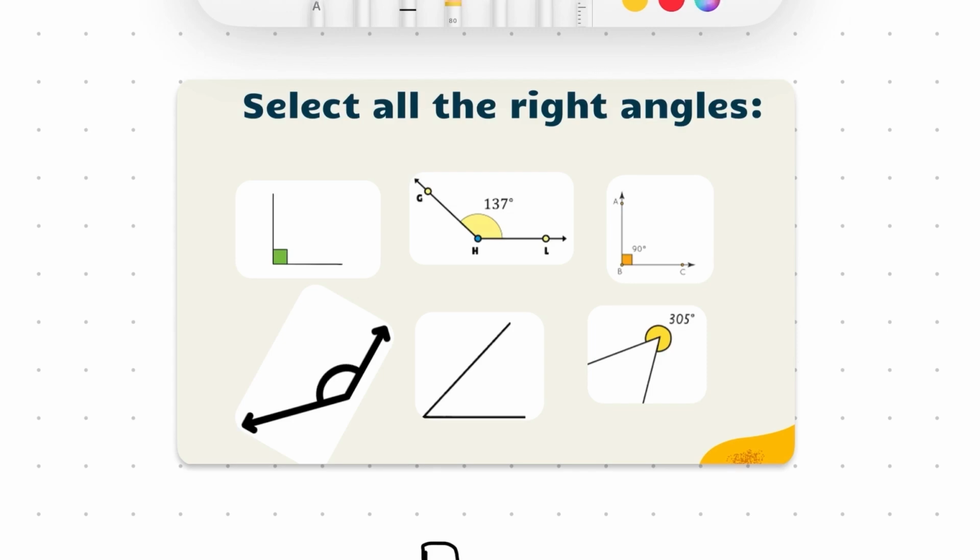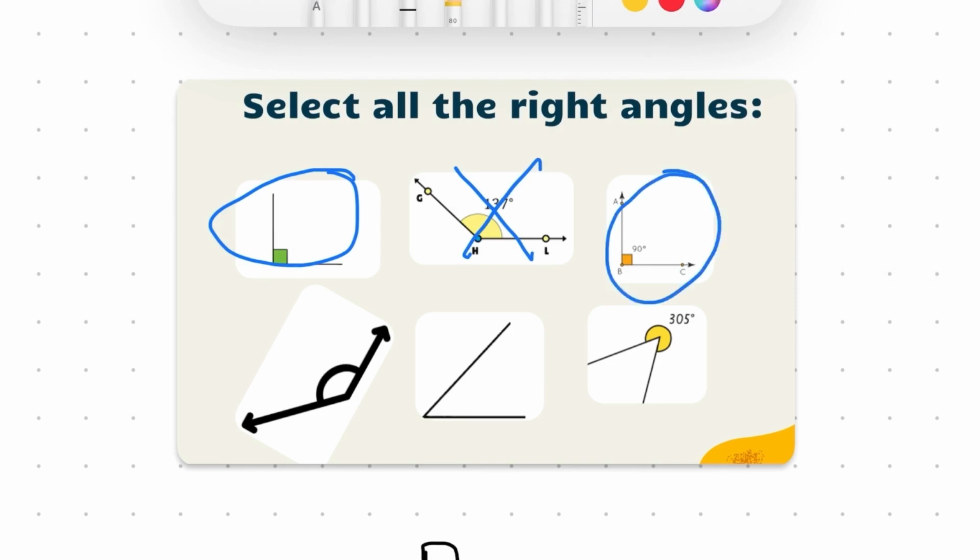The first one, I do see a square, and therefore I can assume it's a right angle. The second one, well, no, 137 degrees is greater than 90. In the third diagram, I do see a square, and I also see that it's labeled with a 90. So therefore, it has to be right.